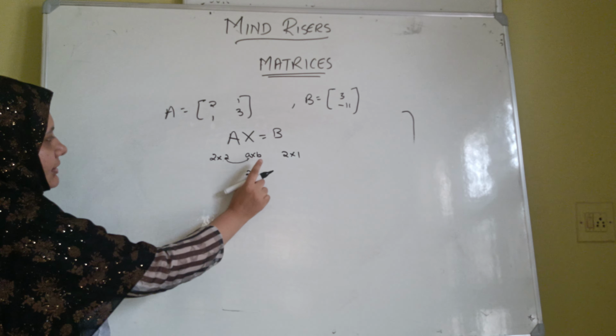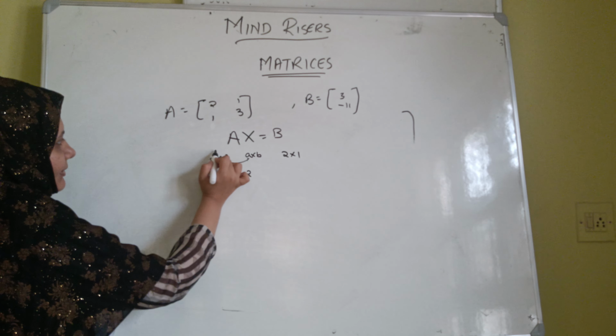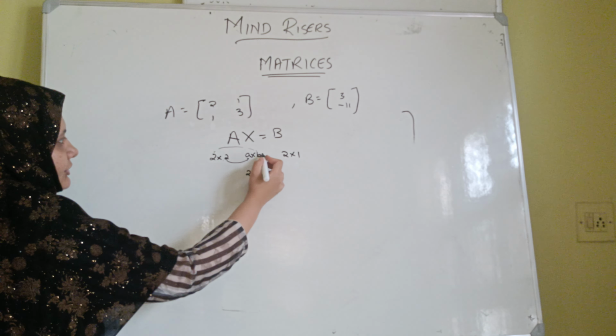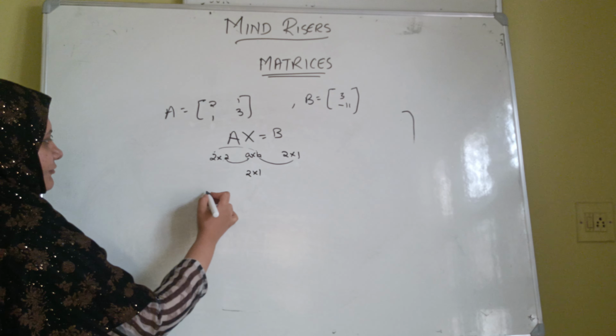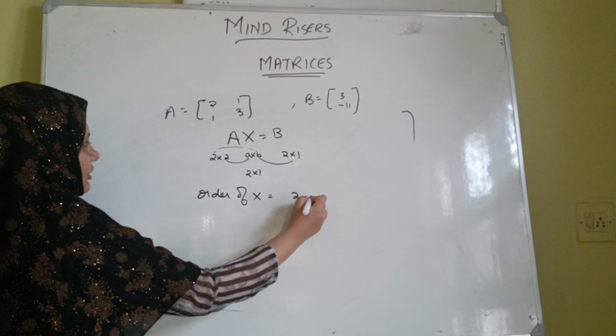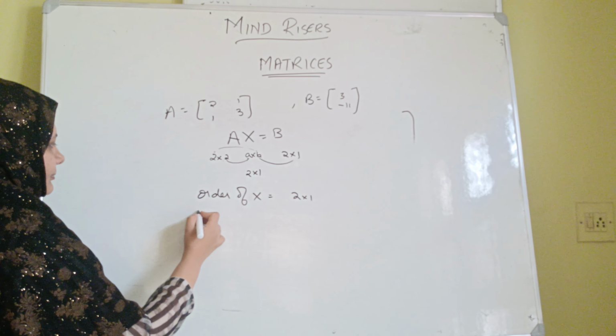And to find the columns, what can we do? So we know once you multiply this number into this number is equal to this into this. So your b has to be 1. Therefore, the order of X is 2 cross 1, which means there are 2 rows and 1 column.